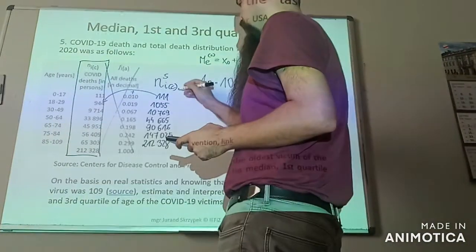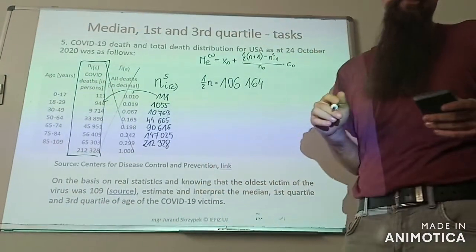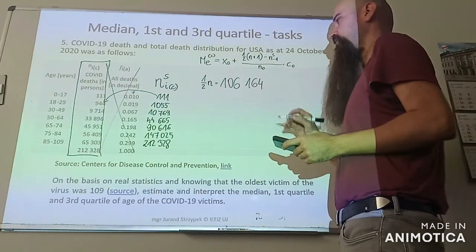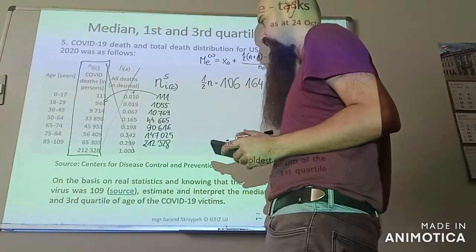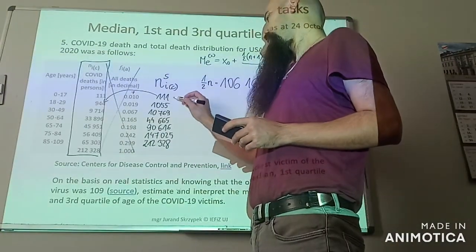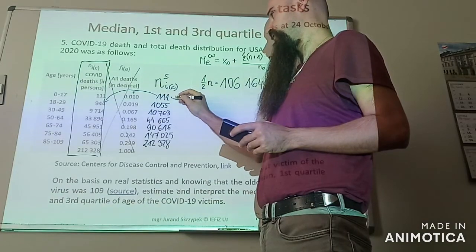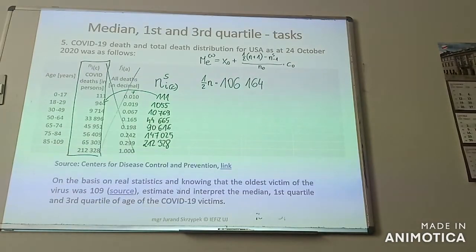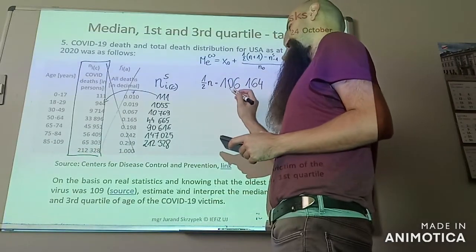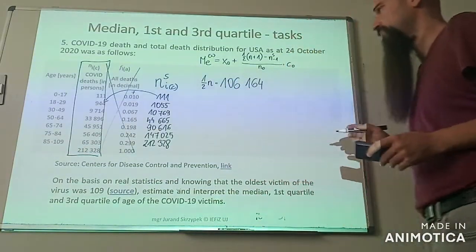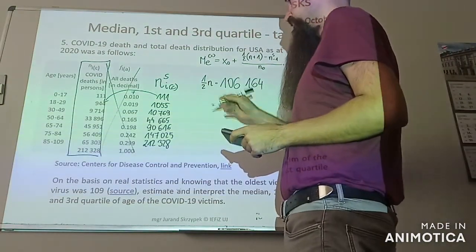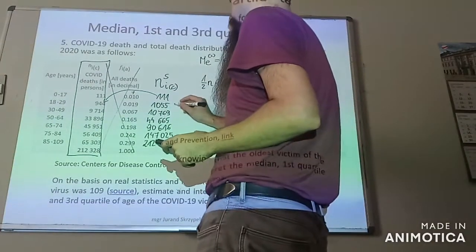And now I'm looking for the cumulative frequency which exceeds a half of the population for the first time. Of course, my starting point is the first class, and I'm going down and looking for the appropriate value. This number is less than 106,164, so I'm going down to the next class.